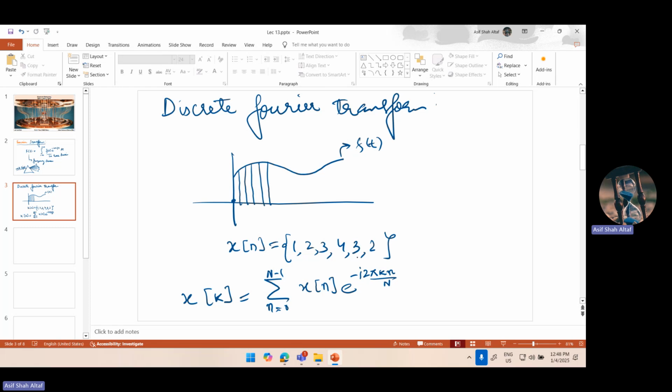If there are, say, 8 elements, then this big N will be 8. This then gives you the discrete Fourier transform of this signal x of n.